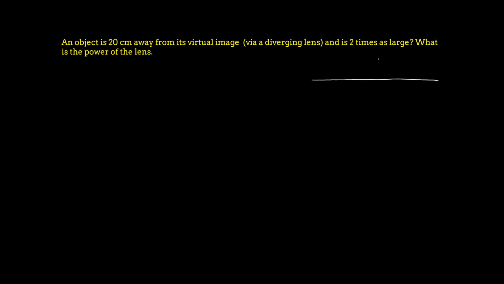Let's just draw a little representative picture right here. So here's a diverging lens. And then the distance between them is 20 centimeters. So just like we did for the previous problem, dO plus dI is 20. Because again, the dI is actually a negative number whenever it's on this side.